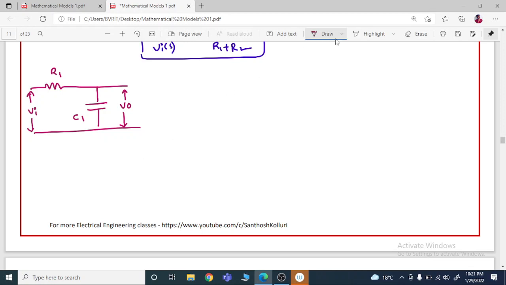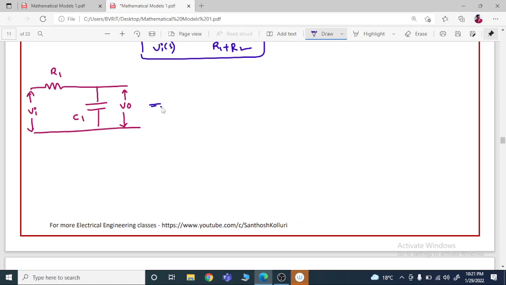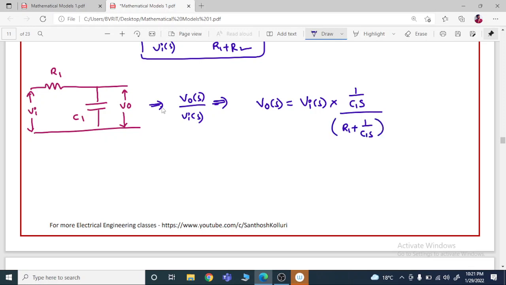To find out the transfer function V0 of S by Vi of S, same voltage division principle. I am calculating voltage across the capacitor, that can be written as total voltage Vi of S into 1 by C1 S divided by R1 plus 1 by C1 S, total impedance.